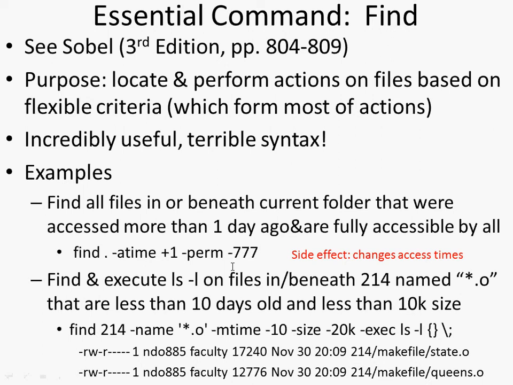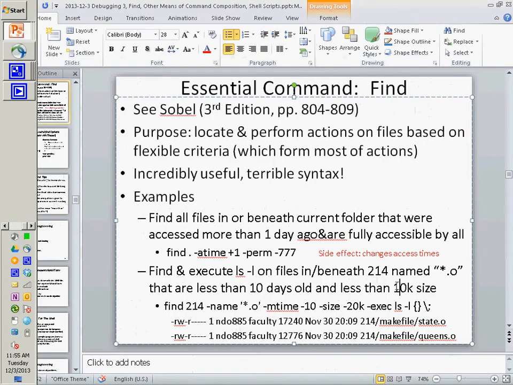Okay, suppose now I want to find and execute. Suppose I want to find files in the 214 folder, which are less than 10 days old, and less than, oh, I said 10K size. I actually said 20K size in the command, so I should correct that. So they're less than 20K in size, and they are less than 10 days old.